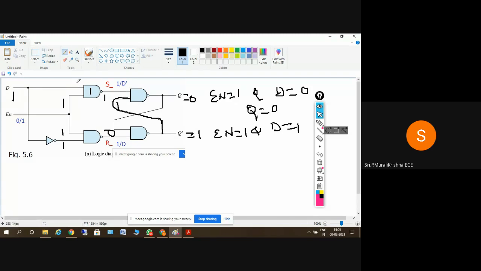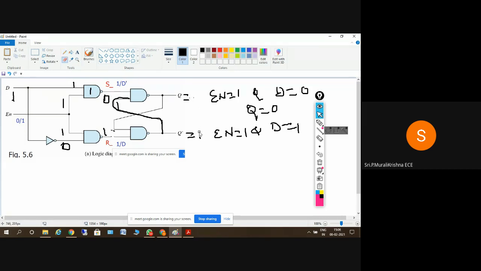So the value of D is 1, and the inverted input will be equal to 0. When one of the inputs of a NAND gate is 0, the output is equal to 1. When both the inputs of a NAND gate are equal to 1, the output is equal to 0. So here one of the inputs is 0, so we are not bothered about the previous cases.